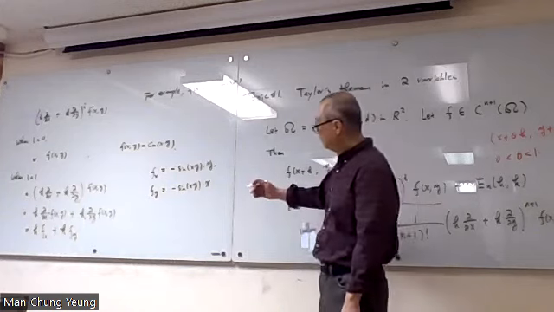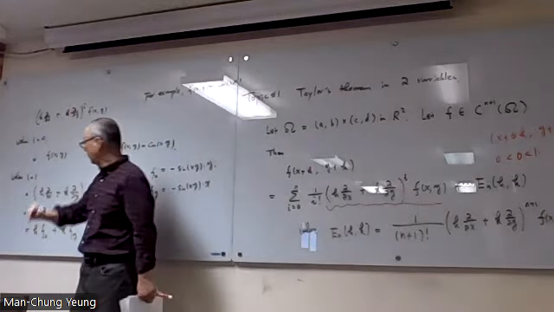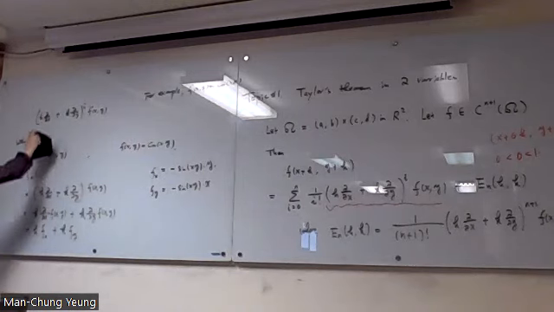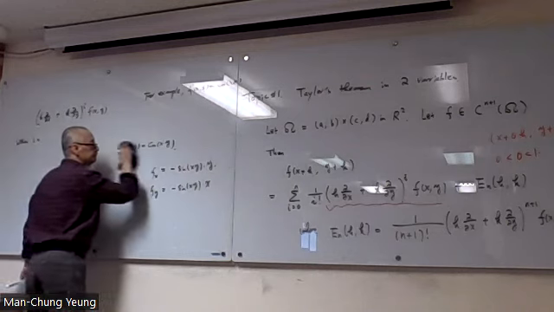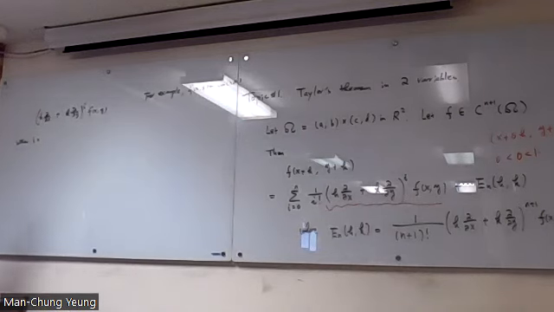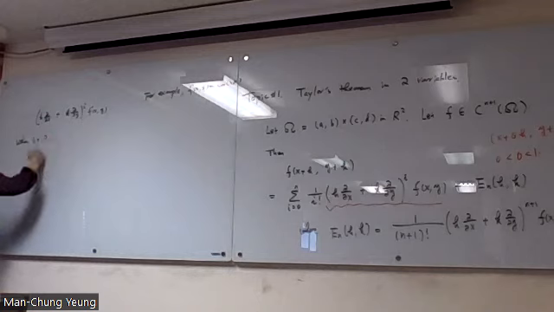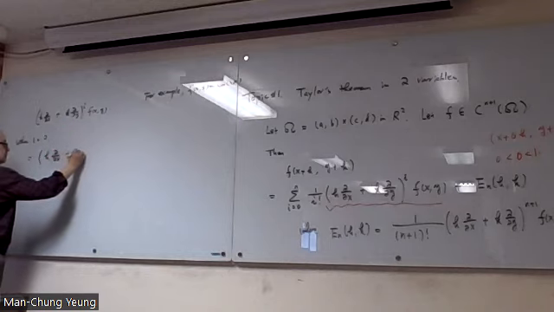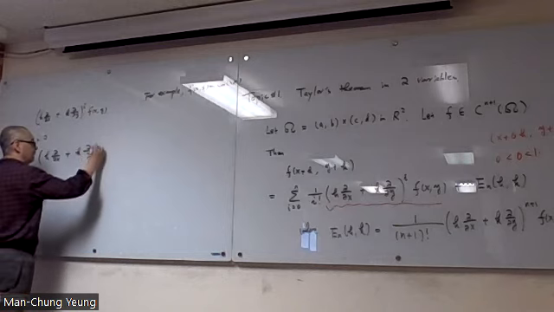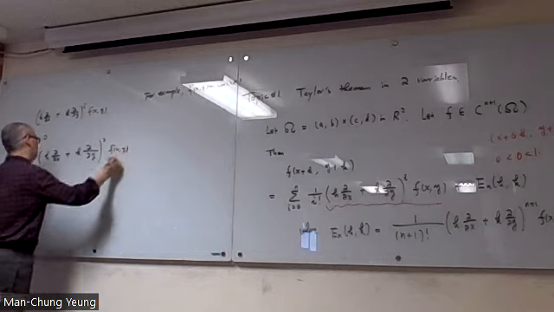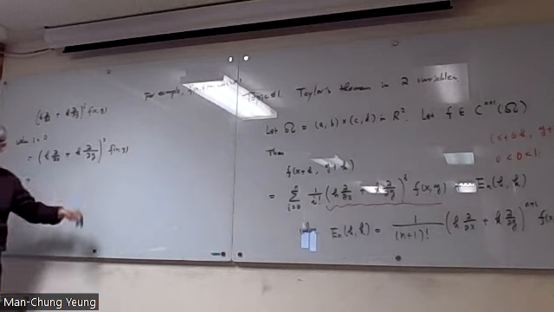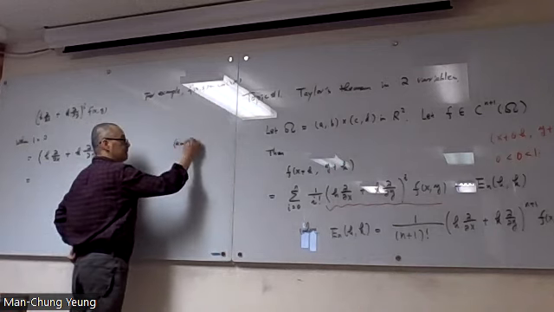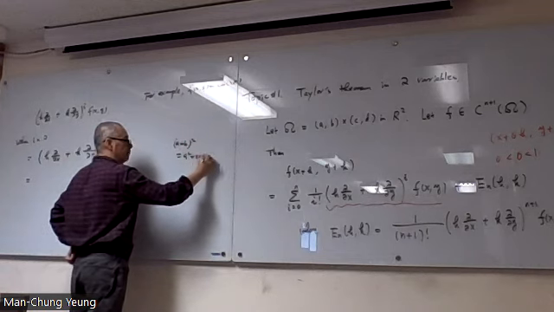This is I is 1. How about here? I is 2. What does this notation mean? h partial x plus k partial 1, squared. Expand the square by this formula: a plus b squared is a squared plus 2ab plus b squared.